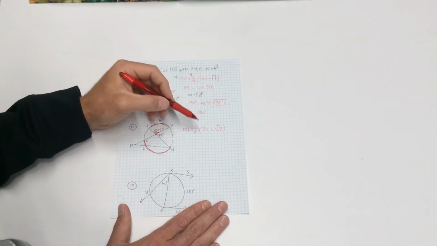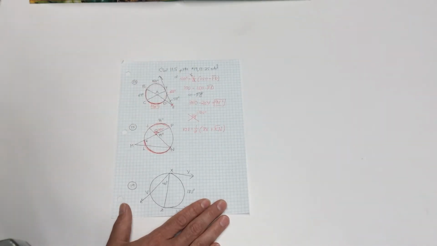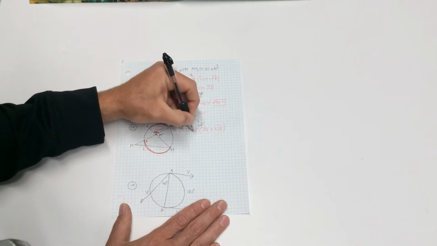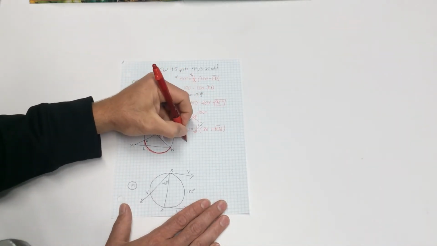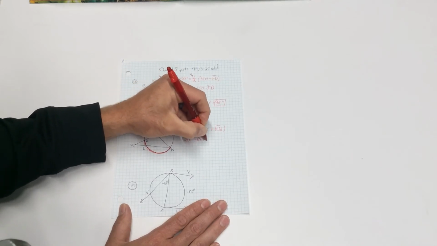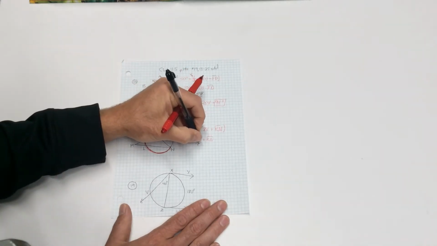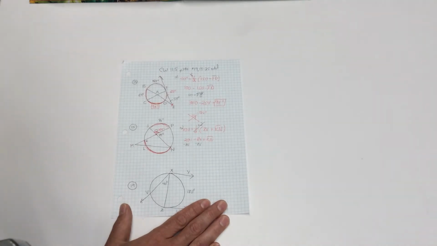Okay, so we want to go ahead and double this, just like we did on the last problem, times 2. And so we get 202 equals 86 plus KN. So now if we just subtract our 86, we'll have our KN. So 202 minus 86.